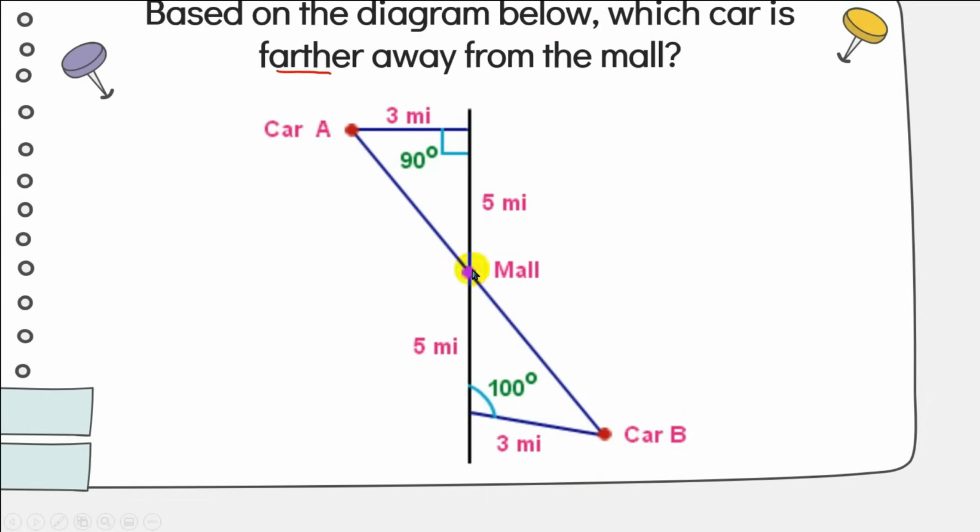So, car A to the mall, ang angle opposite to it is 90 degrees only, while car B to the mall ay may angle opposite to it na 100 degrees. So, alin ang mas malayo? Yung may angle opposite na 90 degrees or yung may angle opposite na 100 degrees? So, yung car B po yung mas malayo, kasi 100 degrees nga po yung opposite angle to this distance. Kaya car B is farther away from the mall.